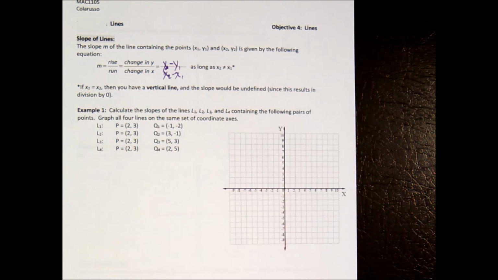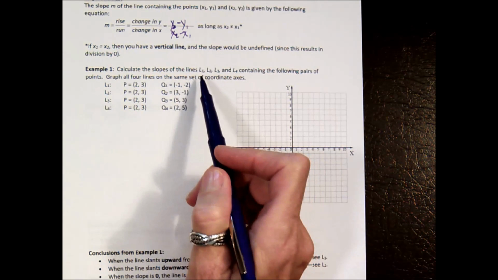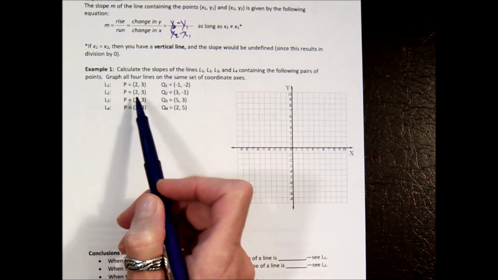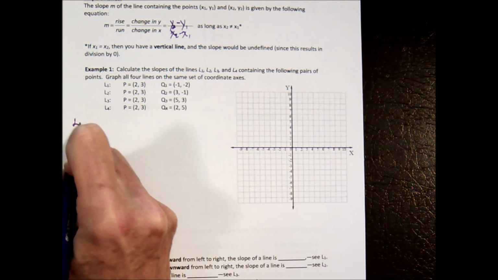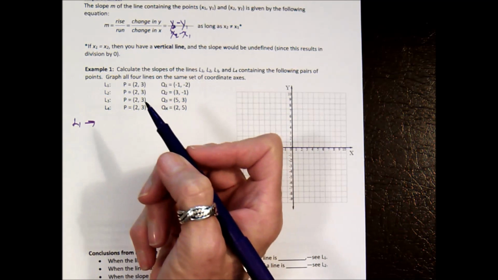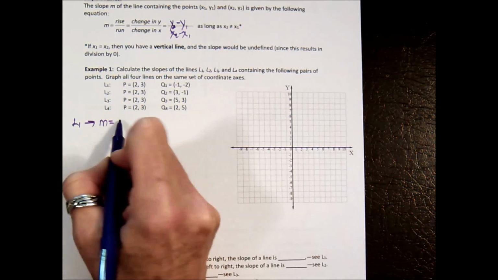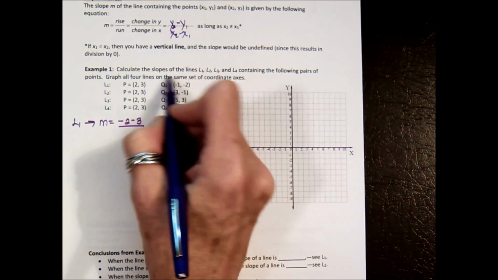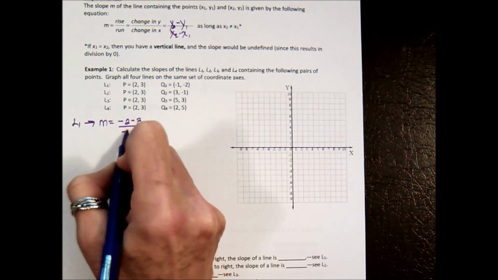So we're going to just quickly calculate a few slopes of the lines L1, L2, L3, and L4 that contain the following points. So in the first one, line 1, our slope is going to be y2 minus y1 over x2 minus x1.